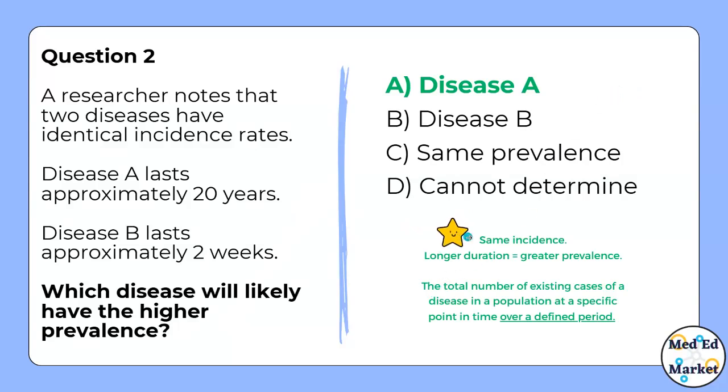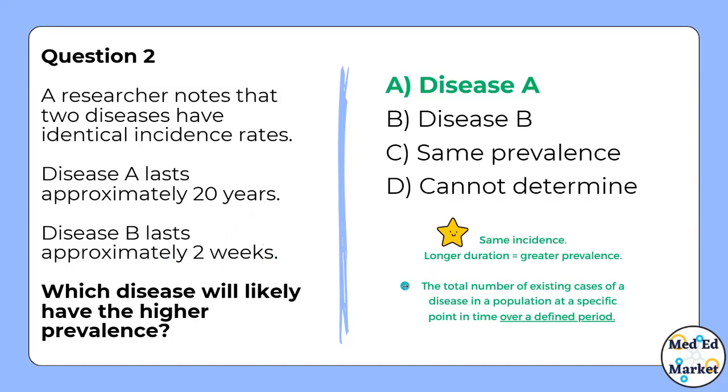So if they have the same incidence, it means that the number of new cases appearing is the exact same. But what changes is the duration. So if we're looking at the total number of cases over 20 years, that means that we're going to have significantly more diseased patients or people over that 20-year period in total that exists over that entire time compared to just over 2 weeks.